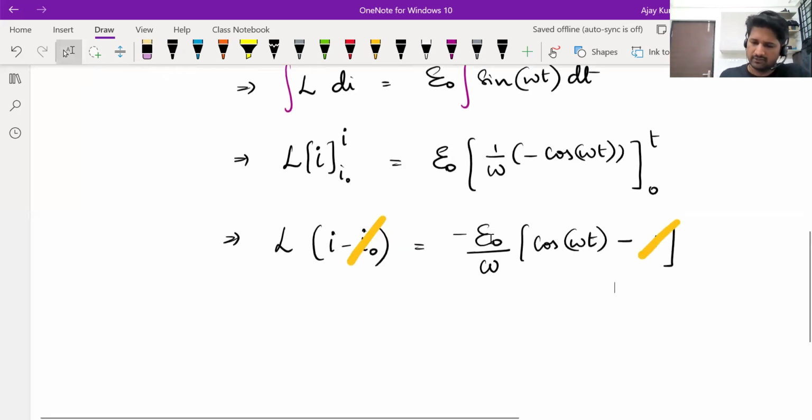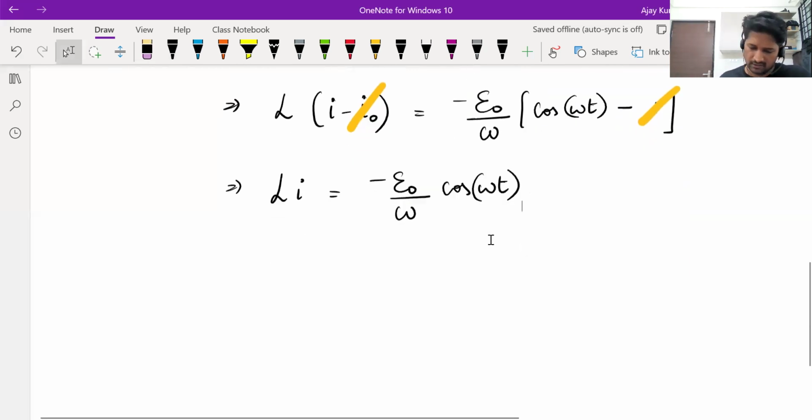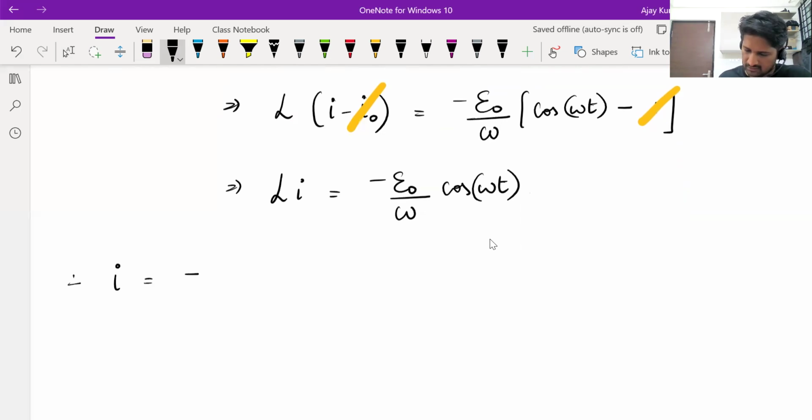Then we get Li is equal to minus E naught by omega cos omega t. Our aim is to derive the current I as a function of time. Therefore, I is equal to minus E naught by L omega cos omega t. That's all. We got the current as a function of time.